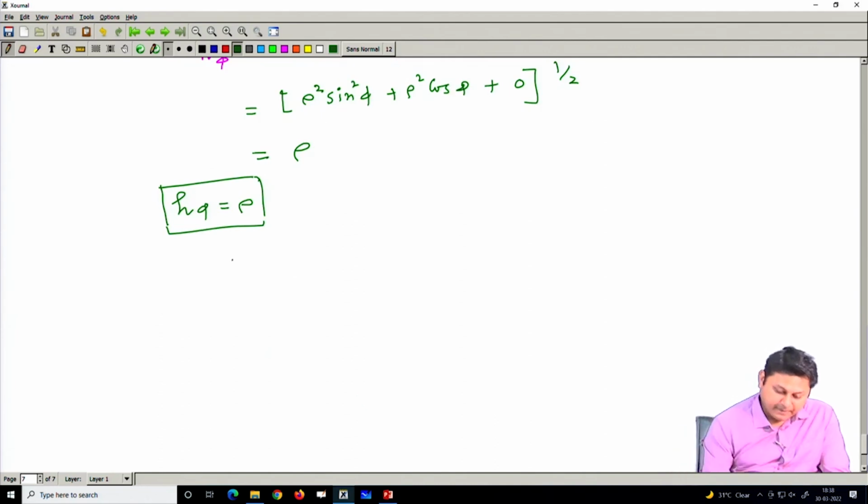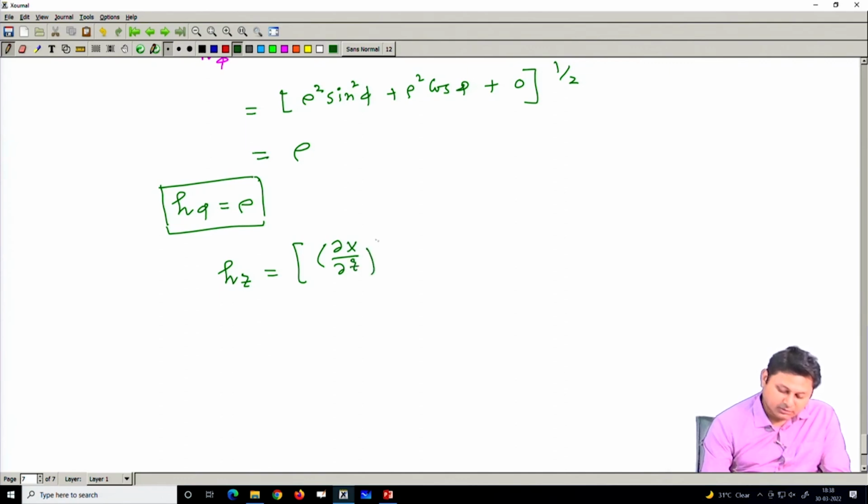And finally, what is h z? Very straightforward, because z is equal to z. Even if you do it rigorously, you will get 1, but just from looking at the expression you can get the value.